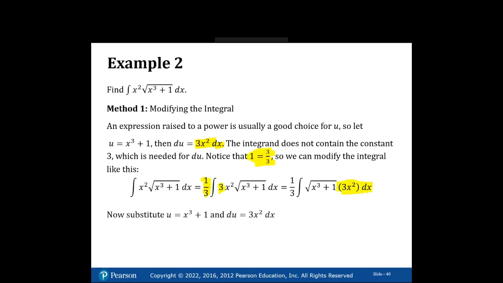So now we can substitute the u and du in, and I get 1/3 integral of u to the 1/2. So this is just two ways on how to deal with this constant that pops out from your du when I don't have it in the original. So this is one way.